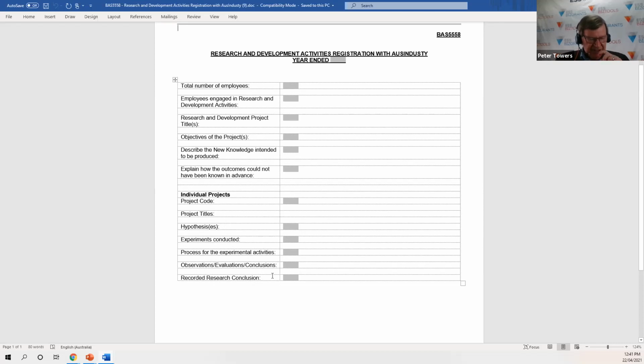The other activity that can occur in research and development is that the company has received loan funds from an Australian state or territory government. And those loan funds specifically indicated that either all or some of that money was being advanced to the company for research and development purposes.